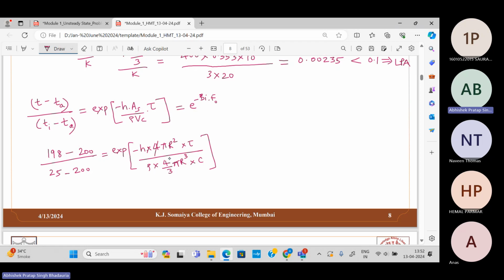So you can see 4 cancels, pi cancels, r square cancels as well.